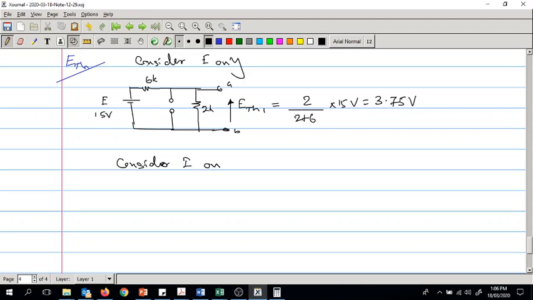Then consider I only. If you consider I only, you have a 6k resistor here, then this is a short circuit because it's a voltage source, and you have a current source. I can't remember which direction it is. Let's look.